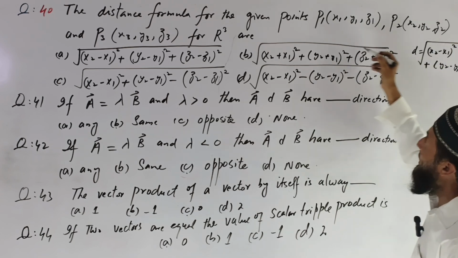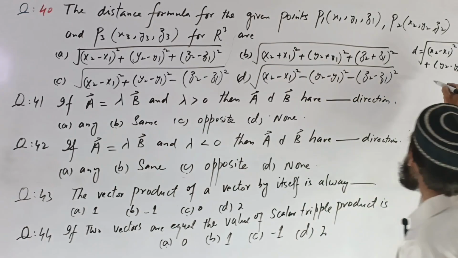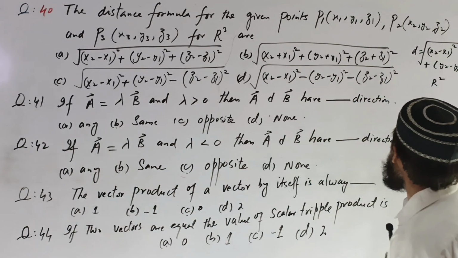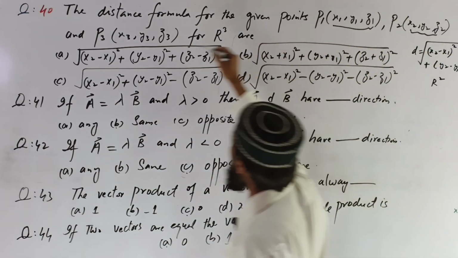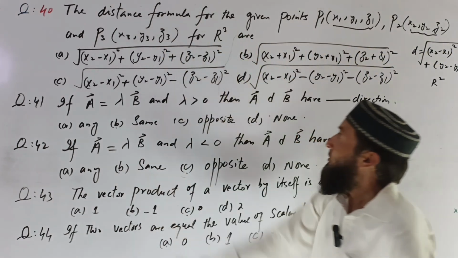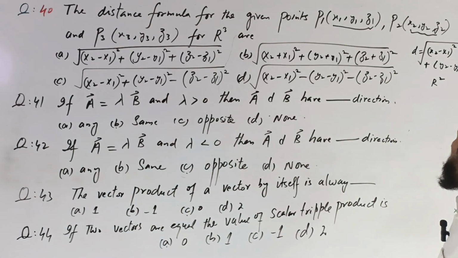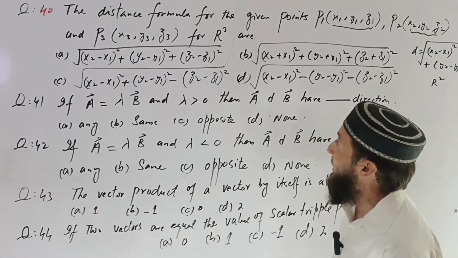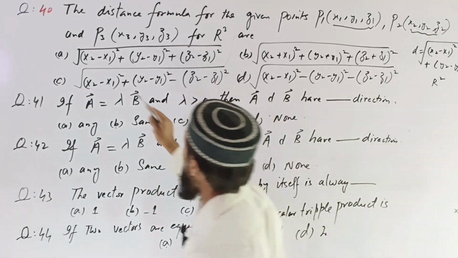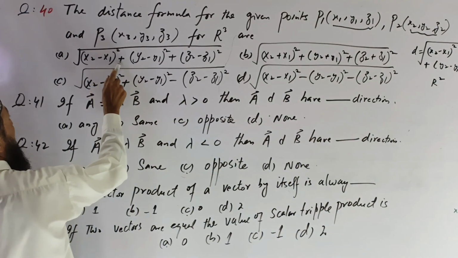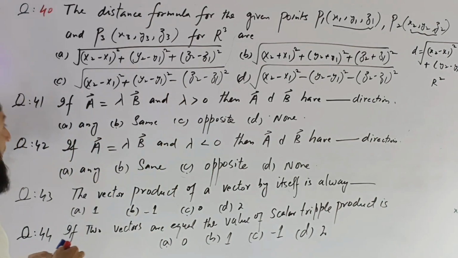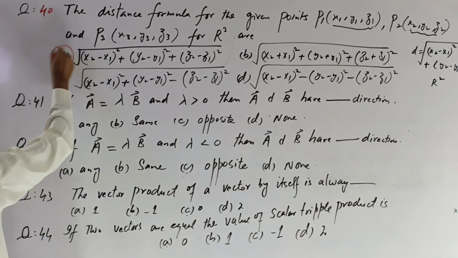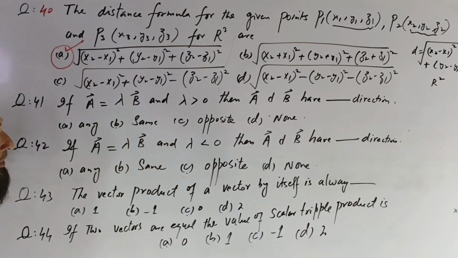But here the difference is that in R square only x and y coordinates are given, while here three coordinates are given for each point. So the distance formula adds z2 minus z1 whole square, and A is the correct answer.